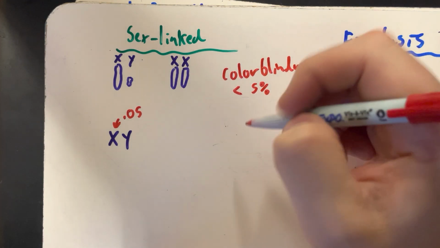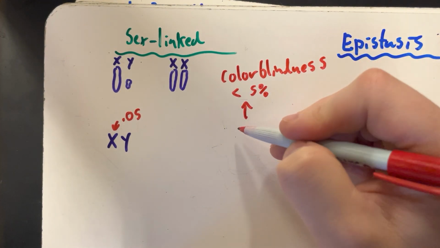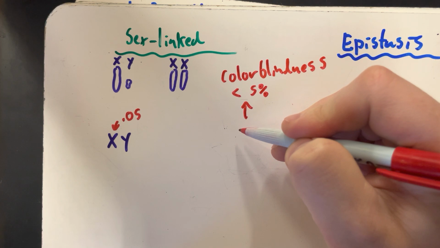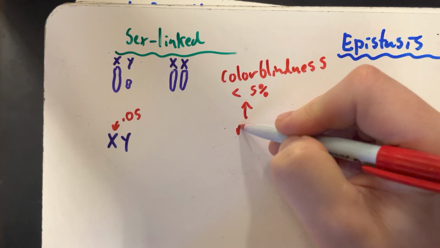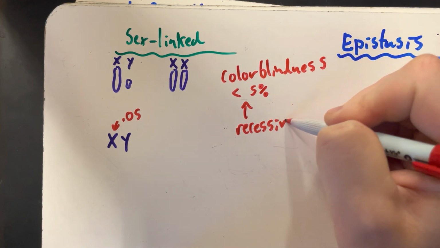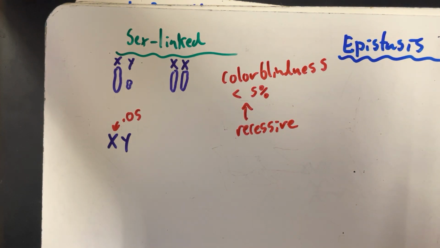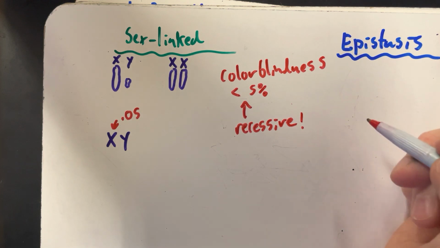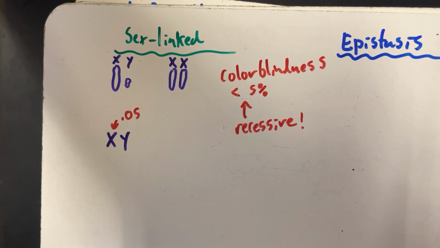But here's the problem. Color blindness, is it dominant or recessive? Make a guess. Recessive, yeah. Usually when it's a gene that does not work, it's a recessive gene. So color blindness is recessive. So do women have a higher or lower chance of being colorblind?